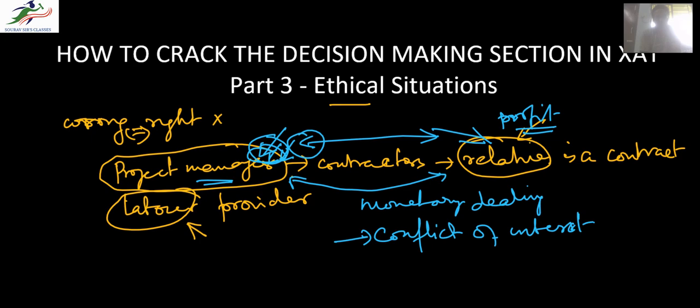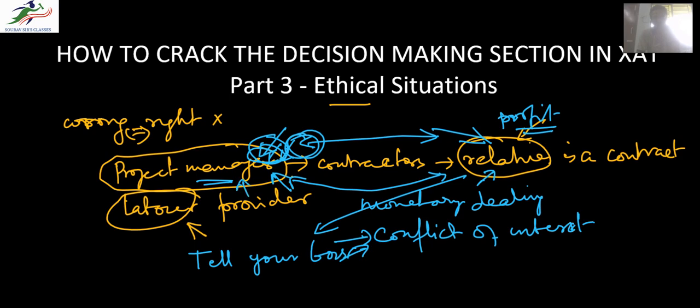So this is a situation which has a conflict of interest, and therefore in these kind of situations you should always tell your boss that this is how it is. I am in a situation where I need people, and one of my relatives is a contract labor supplier and he can fulfill my requirements. However, is it okay if I sign a contract with him?